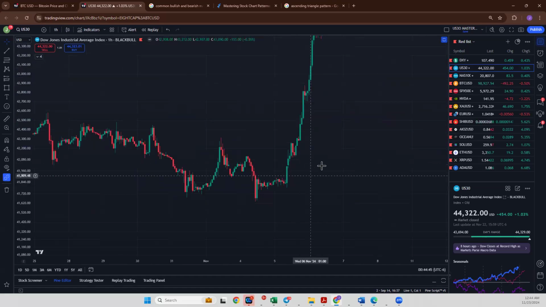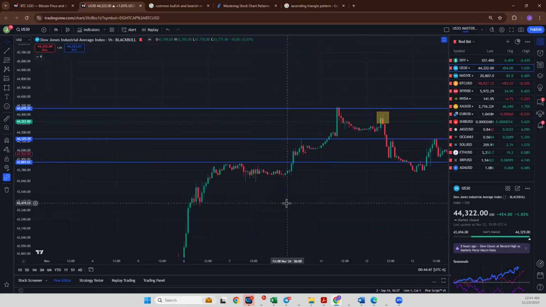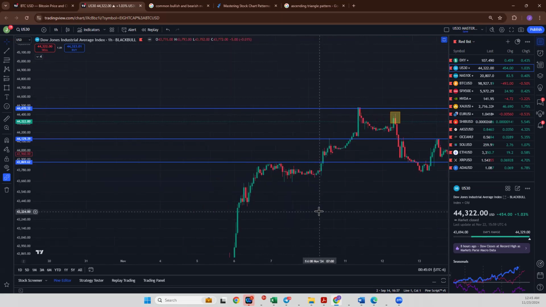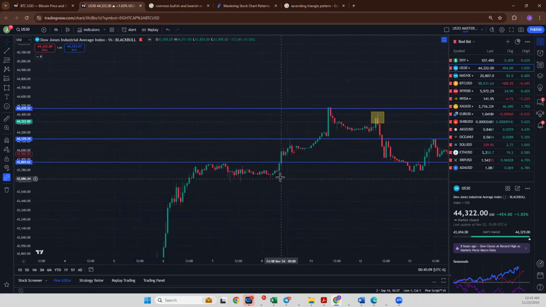So you'll see a big move like this happen, and then people start deciding, okay, it's time to cool off, because we don't know how high this is really going to go until the buyers step in and we get a breakout.